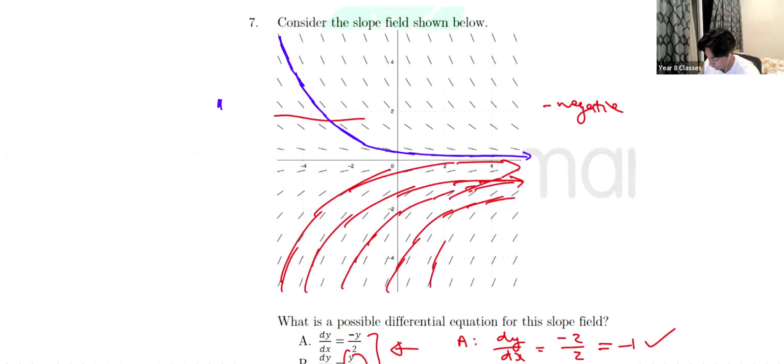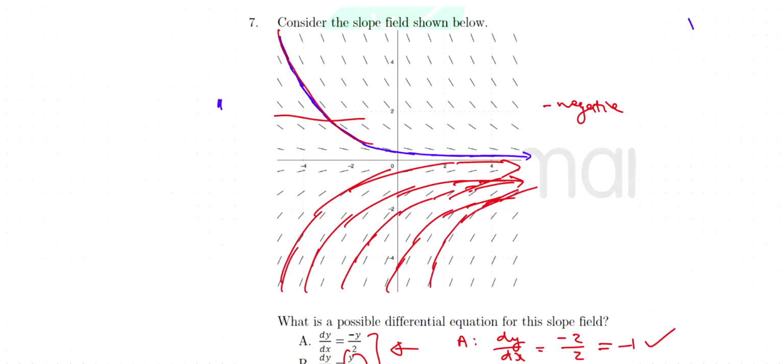So it's not just one graph. What questions can ask you to do is graph a single line, and then they'll usually specify a single solution to the slope field that goes through, for example, y equals 2.